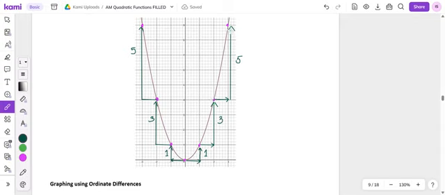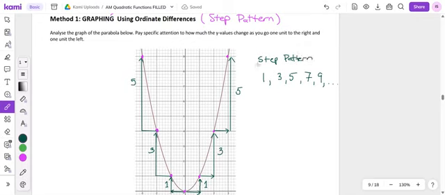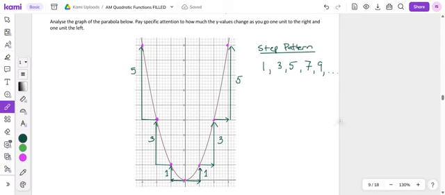If we went 1 more across, how many points up would we go? 1, 3, 5. What's after that? What's the pattern? That's right, 7, 9, etc. So this is what I call the step pattern. The step pattern tells us how many steps higher 1 point is from another.